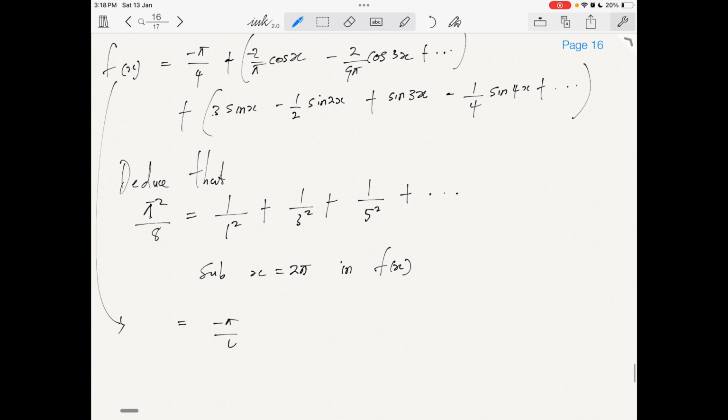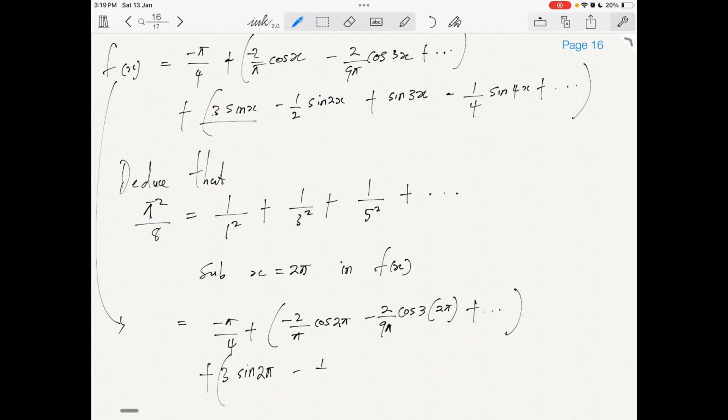So we have minus pi over 4 plus minus 2 over pi cos 2 pi plus or minus 2 over 9 pi cos 3 times 2 pi plus dot dot dot plus 3 sine x, that means sine 2 pi, minus 1 over 2 sine 2 pi plus sine 3 times 2 pi minus 1 over 4 sine 4 times 2 pi.